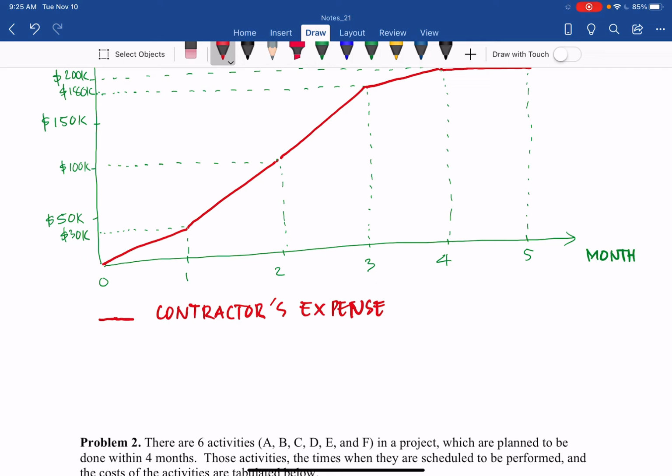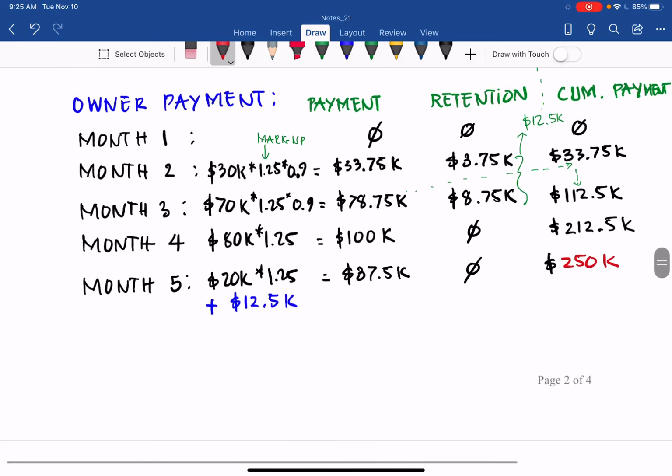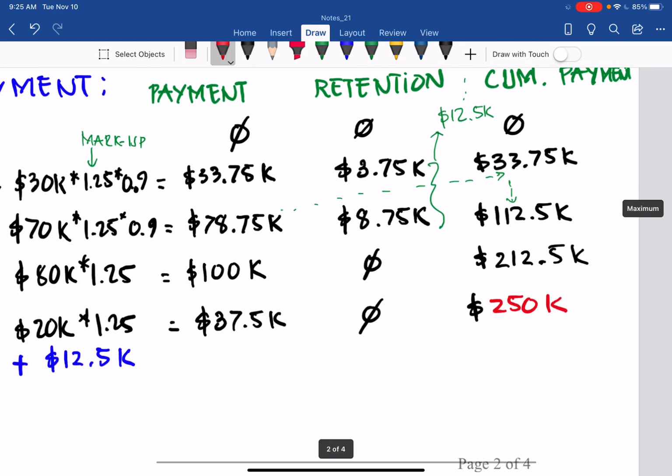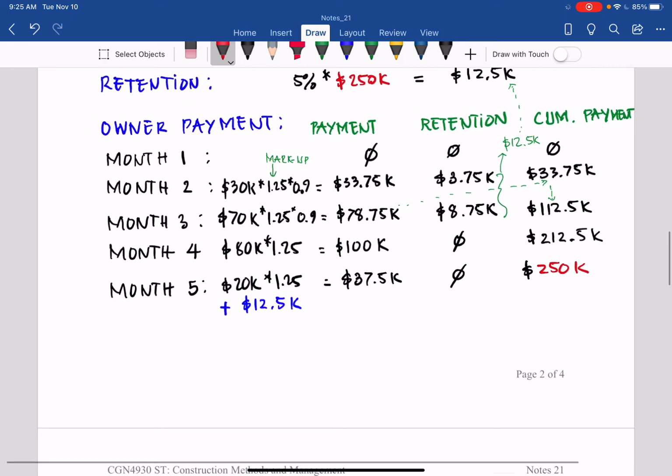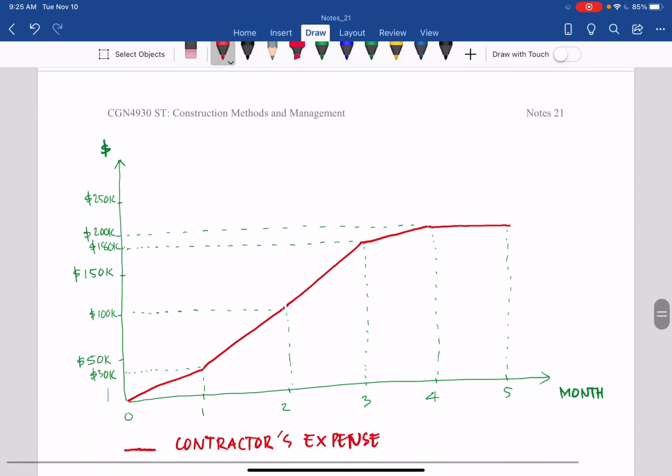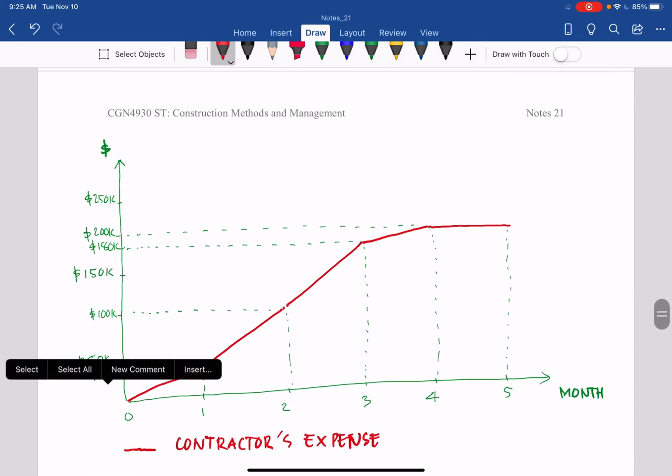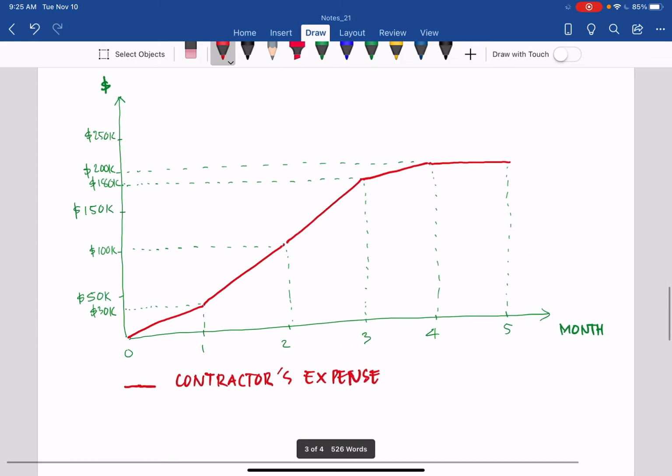And now for the owner payments, as you can see in the last column here, 0, 33,750, etc. So we can draw that as well for the owner payment in the first scenario A. The first month, nothing, the owner had not paid yet.